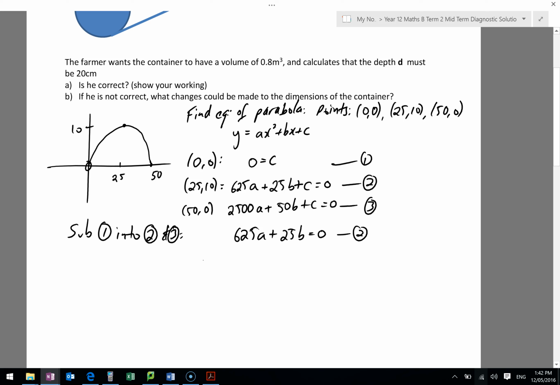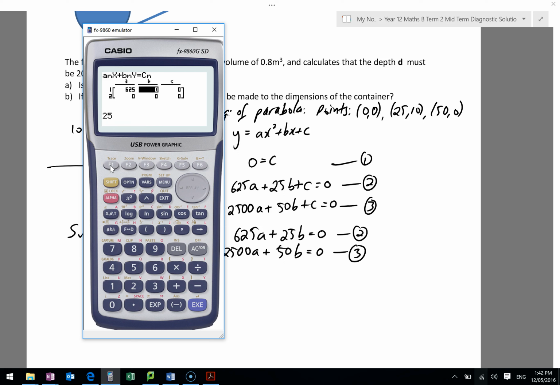And the other one, 2500a plus 50b equals 0. Now I've just got 2 equations and 2 unknowns. Need to solve simultaneously. I'm going to be lazy and use my graphics calculator, which is okay to do because I'm in modeling problem solving land. Simultaneous equation, 2 unknowns. Put in my coefficients.